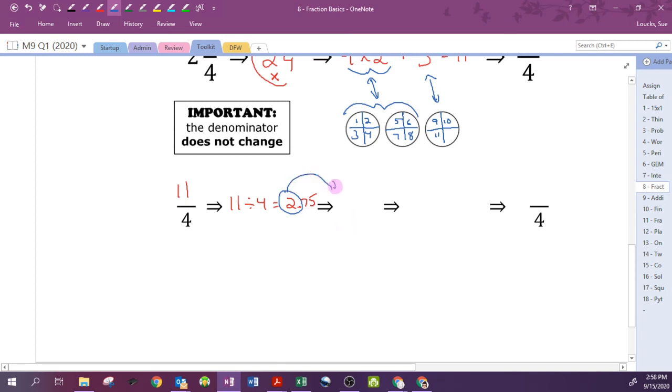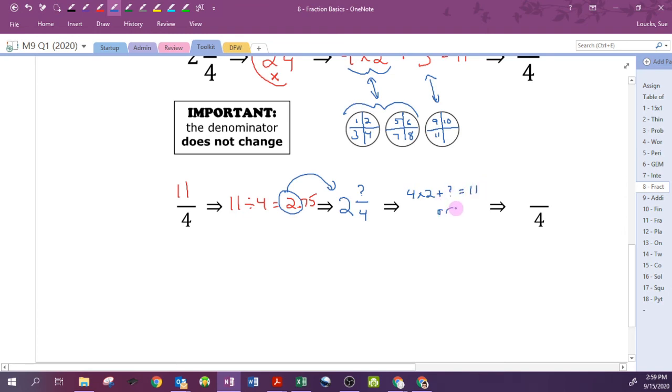So this tells me that I have 2 and some number of quarters, okay? Because the denominator is always going to stay as a 4, and I know I've got 2 whole something or other. Okay, and then there's other ways you can do this, but what I do is I'll go, well, 4 times 2 plus something equals 11.